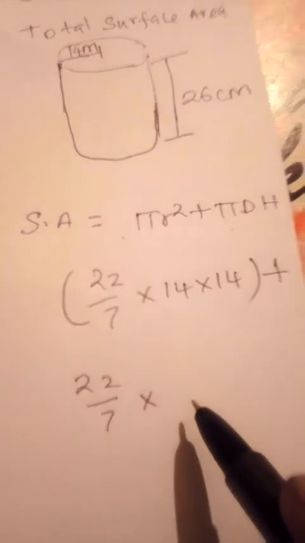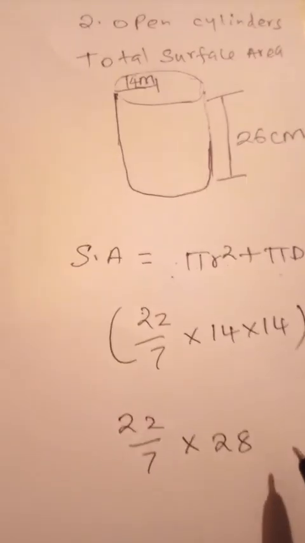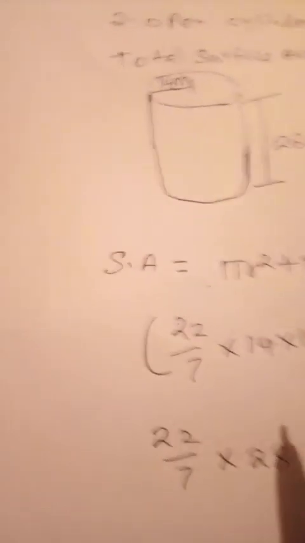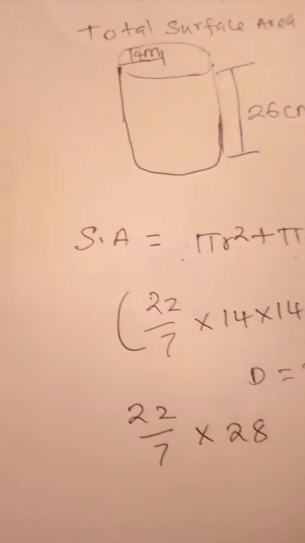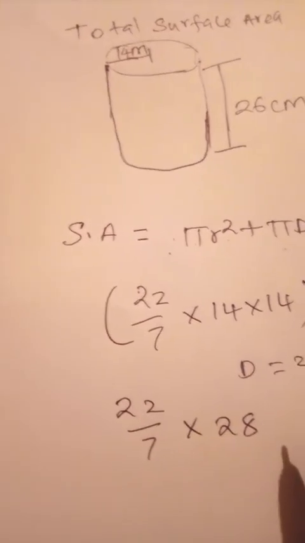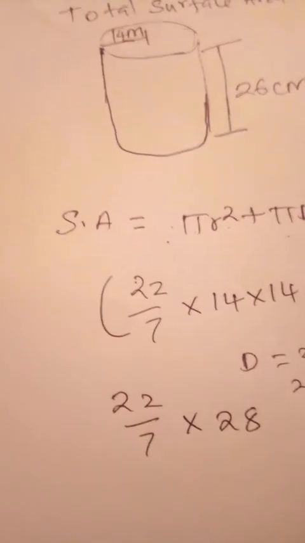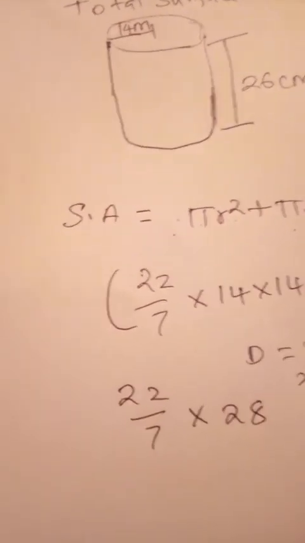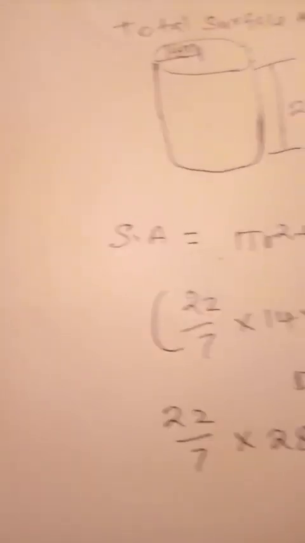The diameter is equivalent to 2 radii, that means 2 times 14. You just get 28. So 28 meters is our diameter.